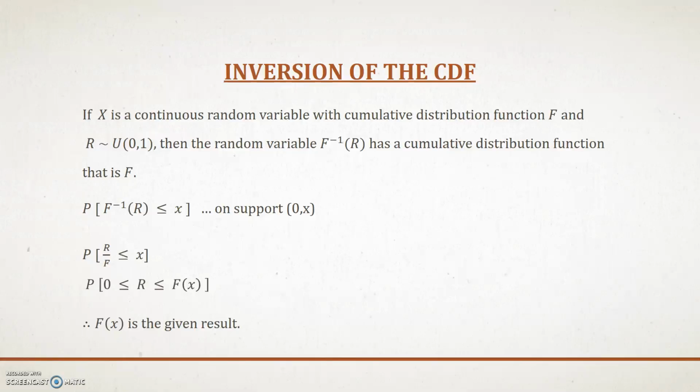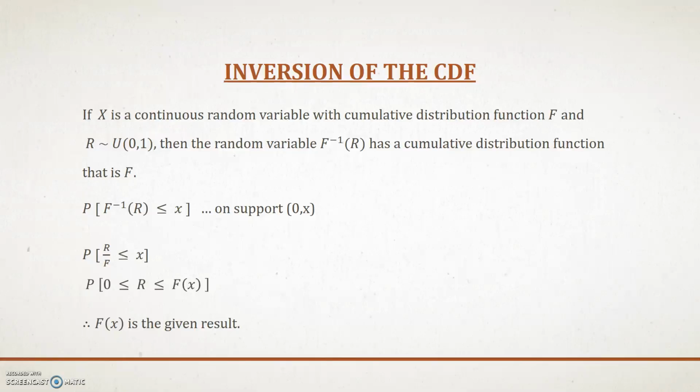This is basic math, so you see that another way to write F inverse of R is still less than or equal to x. Once we take the F over, it becomes R is less than or equal to F of x, and the range, as we've been given, is from 0.